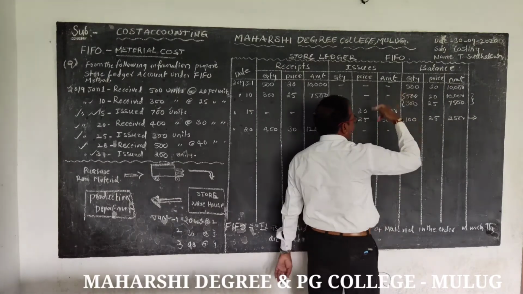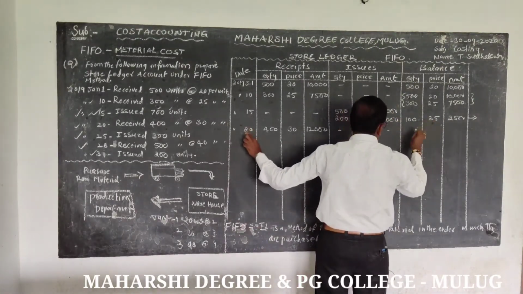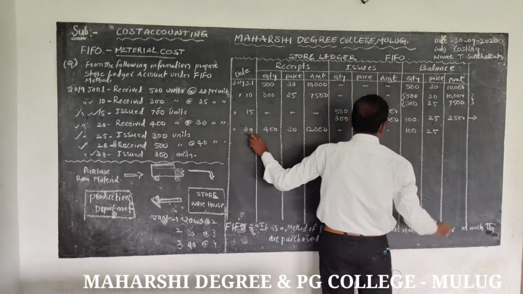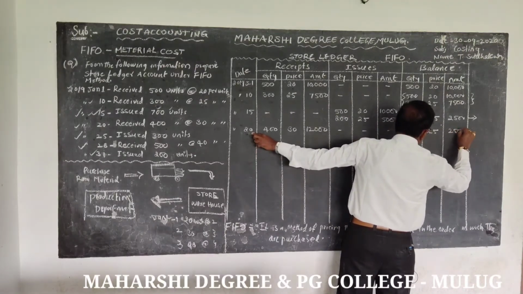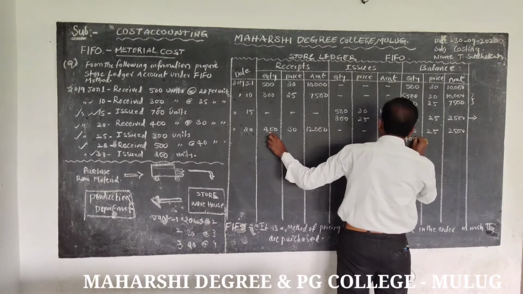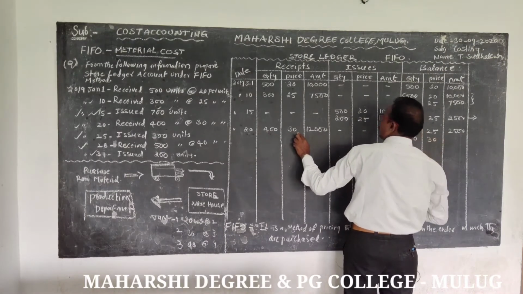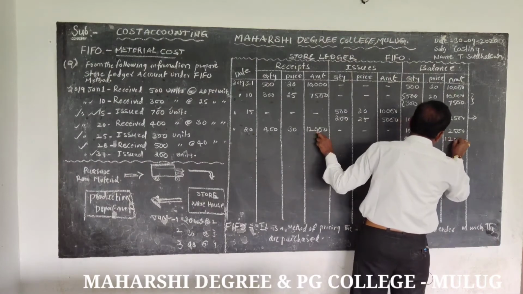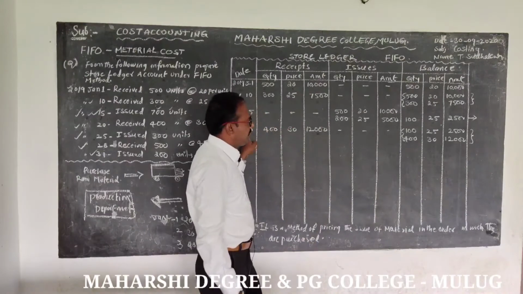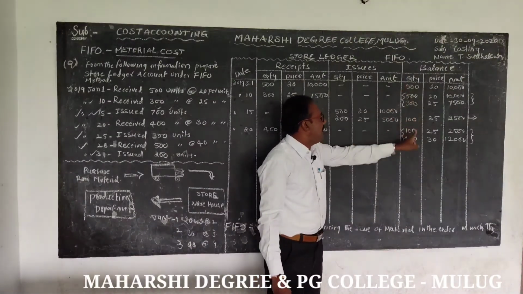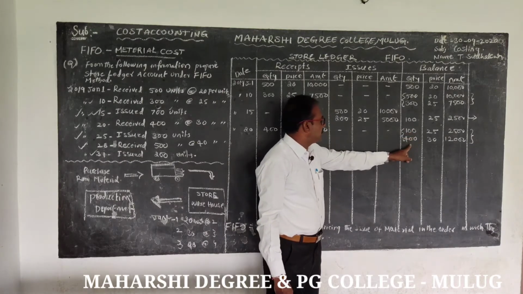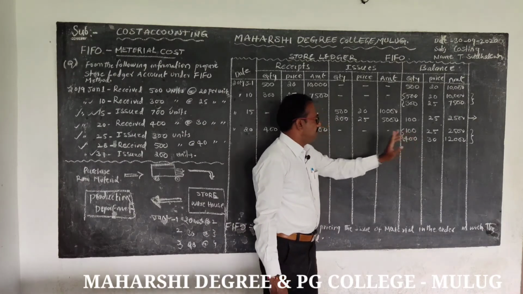Updated posting as of the 20th: 100 units at 25 rupees, 2,500 rupees, and the recent transaction 400 units received at 30 rupees, 12,000 rupees. So as per the record in the balance column, two lots are available, 100 units and 400 units.